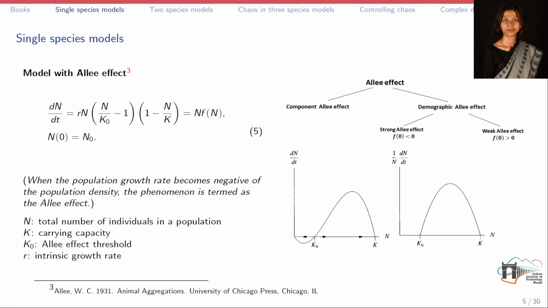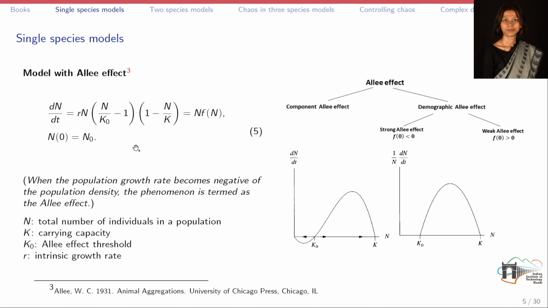But when the population becomes too small or sparse, that can endanger the species too, by making it less successful in reproducing or surviving, and hence slowing down its growth.